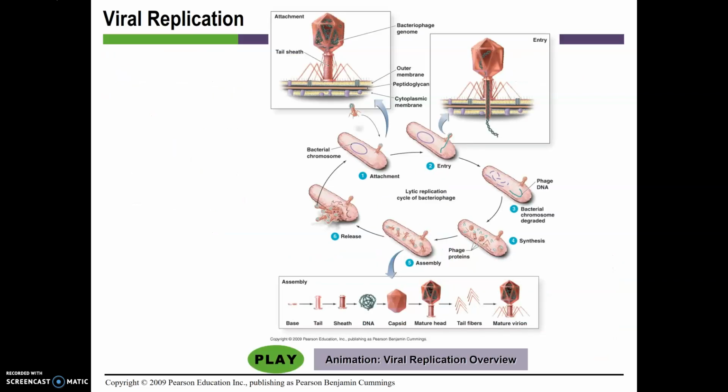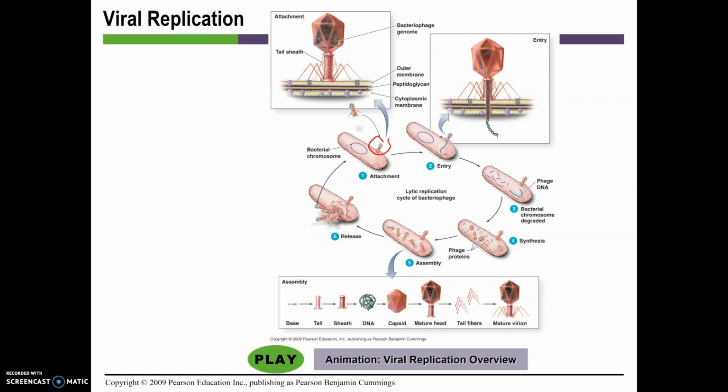Let's take a little bit of a look at this. This cycle might look a little familiar to you because we were talking about transduction in chapter 7, and this is just a regular lytic cycle of something like a T-even bacteriophage, where the virus attaches and then injects its DNA.